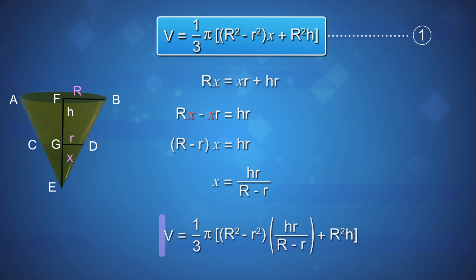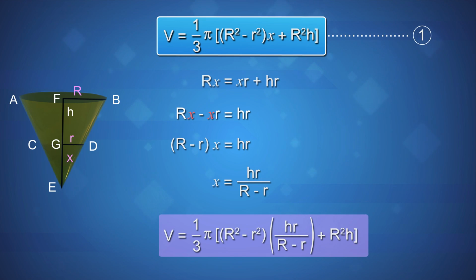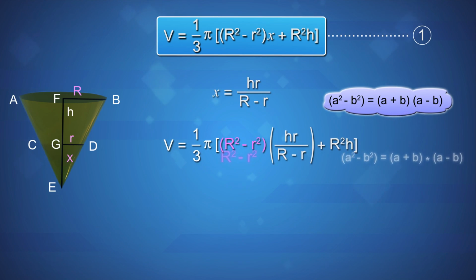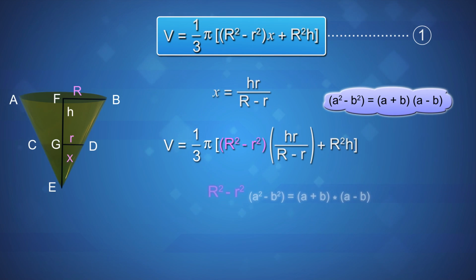Therefore, V is equal to 1 by 3 pi into capital R square minus small r square into h into small r by capital R minus small r plus capital R square H. We know that A square minus B square is equal to A plus B into A minus B. Using this formula, expand the term capital R square minus small r square.